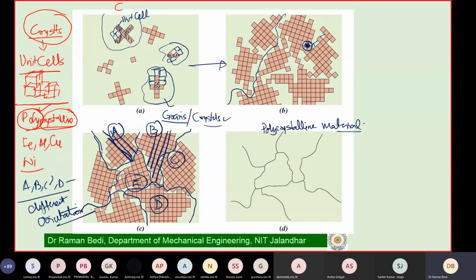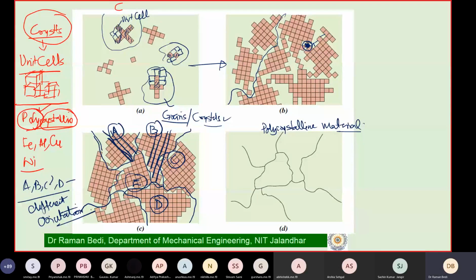That is what is observed in most polycrystalline materials: the different grains have got different orientations of the unit cells.